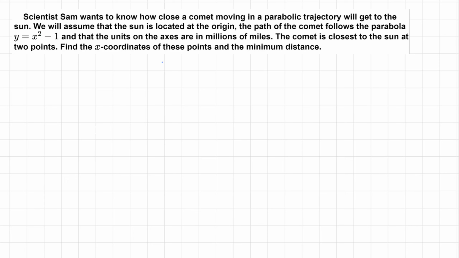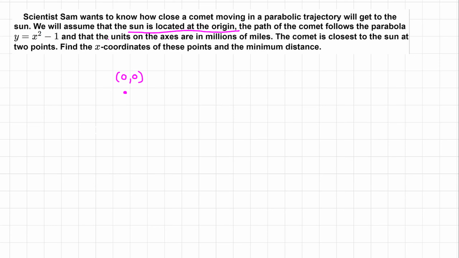Read the question carefully. So essentially we are trying to minimize the distance from the sun, which is located at the origin. So let's say here 0, 0, and the path of the comet follows the parabola.